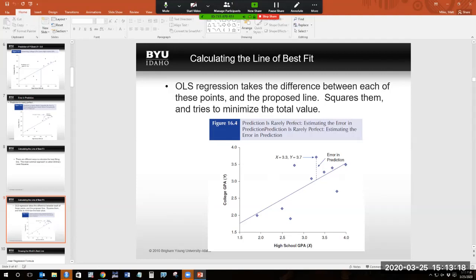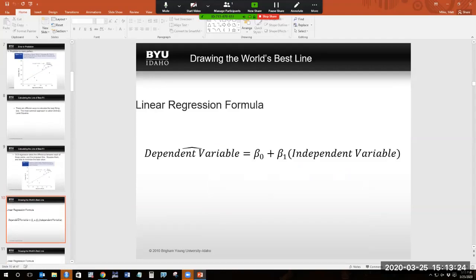So we are interested in minimizing the squared differences between each of those points and the line. Here's the formula. It'll probably look familiar to you from algebra, the y equals mx plus b slope of the line formula, only we change it around a little bit. So our predicted dependent variable, that's what this hat means, is our prediction.